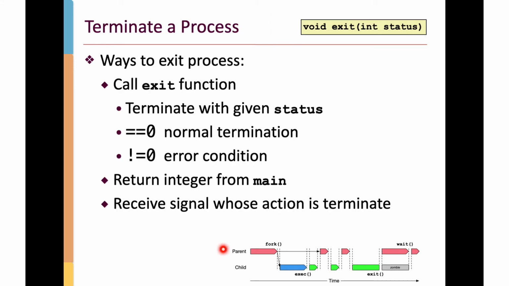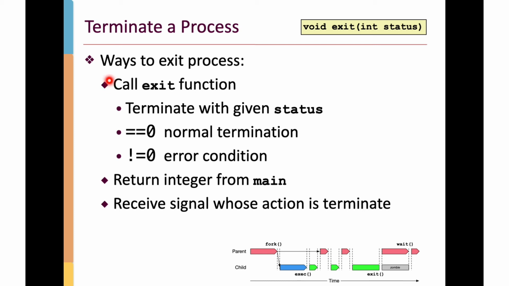Okay, returning back to our little cartoon diagram here, we can see that after the child is done doing whatever it's going to do, it may call the exit system call. That's what's illustrated here in this slide that talks about how we terminate a process. So the child process is done doing its thing and it wants to signal back to the kernel that it's completed. There are several ways to exit a process.